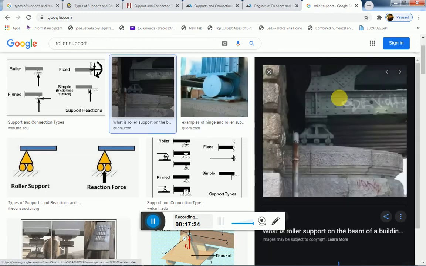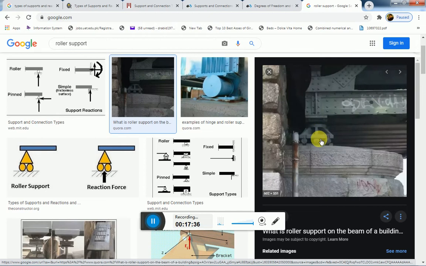This bridge edge is also placed on some rollers. You are seeing here one, two, three rollers placed at the bottom of this edge, and now the material can expand or contract on this track depending upon the thermal expansion coefficient.